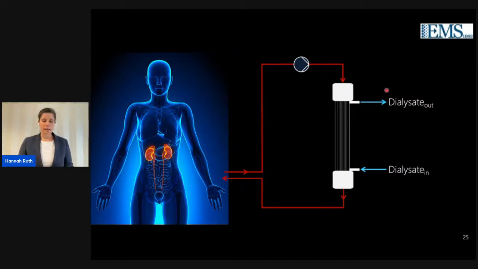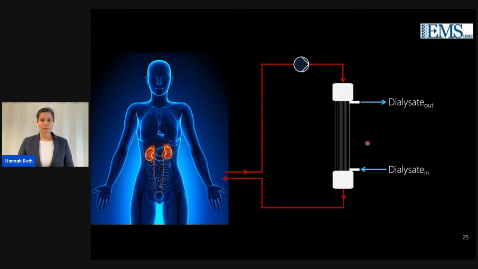And in the dialysate, uremic toxins, urea are accumulated, so they are transported over the membrane, while of course important components of the blood, like the blood cells and the protein serum albumin, are retained. And this is for patients that have kidney failure, so where the kidney does not work anymore.